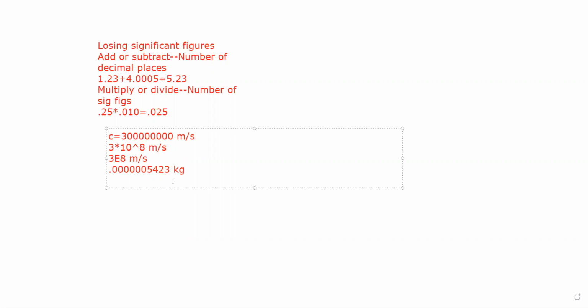That's 7. So what we're going to do is go 5.423 times 10 to the negative 7th because it is smaller. And so that will make kilograms. Those are just 2 different ways to write the same thing.